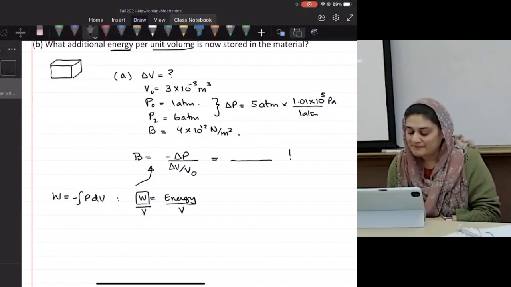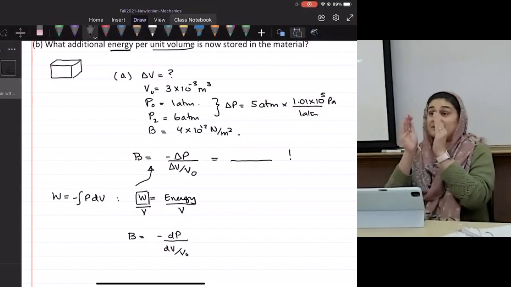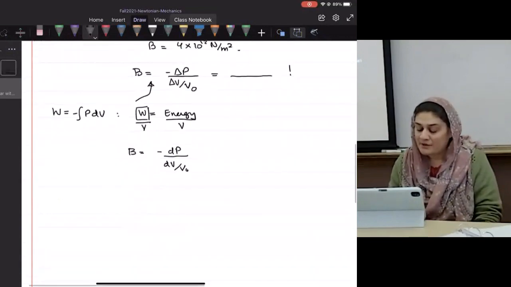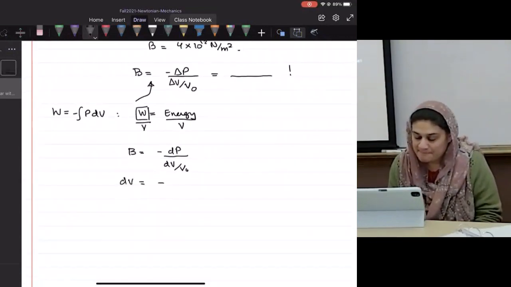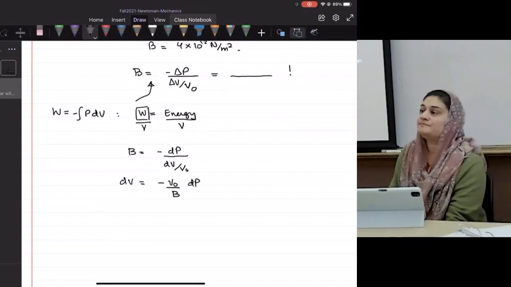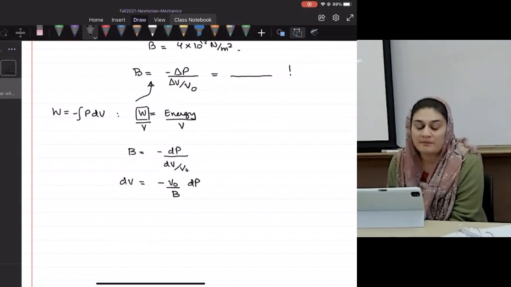May I write this equation, B equals minus dP over dV over V naught? For small change, can I do that? May I also then rewrite this as dV equals minus V0 over B dP? I'm just rearranging things.